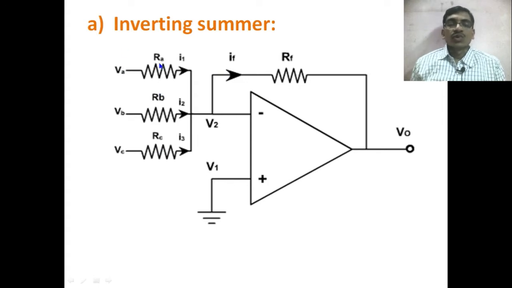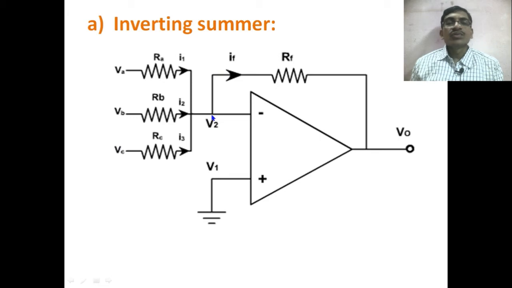VA is given through RA, VB through RB, and VC through RC, and these three resistors join at node V2. At node V2, these three voltages VA, VB, VC are getting added.